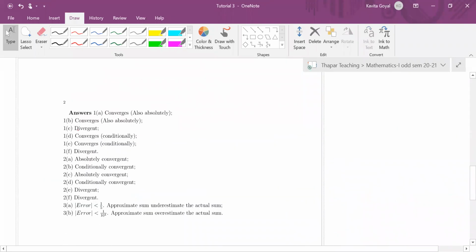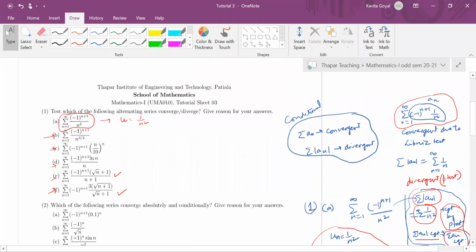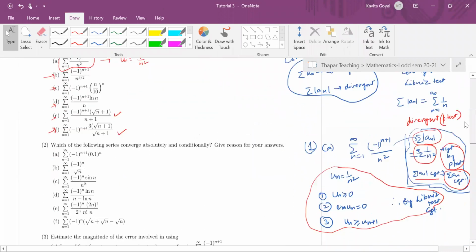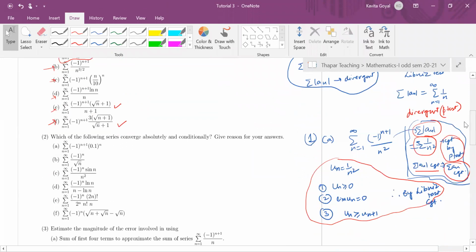Which of the following series converge absolutely or conditionally? Tell me this one, first series, is it convergent absolutely or conditionally? Convergent absolutely. This convergence discussion we have done in the class.